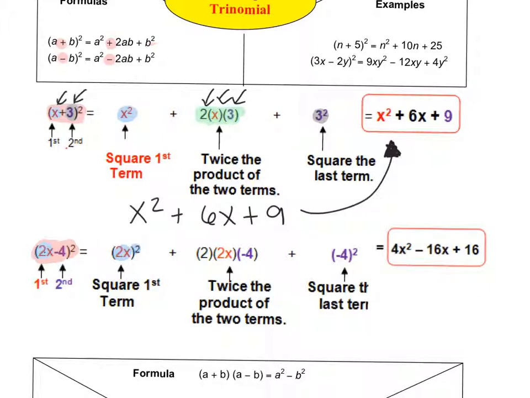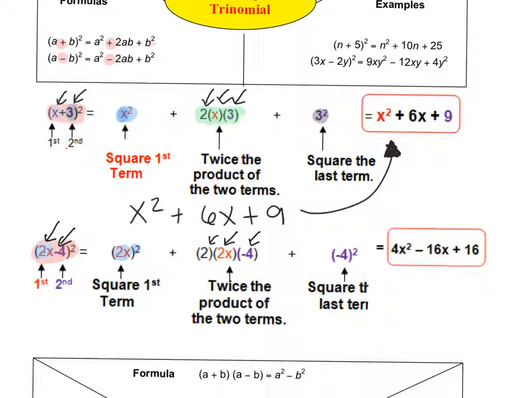Notice it's in parentheses. The first one technically was just x, but it didn't make a difference. But when you have a term with a coefficient, you have to put it in parentheses. Plus 2 times a times b: 2 times the a, which is 2x, times the b, which was negative 4, the second term.